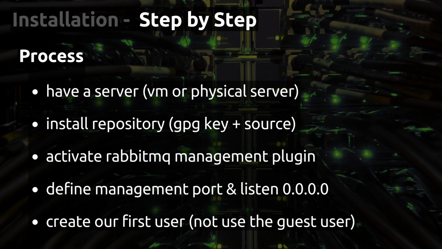And we need to change the port, or to activate the port for the GUI, and listen on all interfaces for the GUI, but not only, also to listen on all interfaces if you want to stream your data or your messages to the RabbitMQ broker. And finally, we want to create our first user with the CLI, but you can do it with the GUI. But for the first time, we need to remove the default user, the guest user, of RabbitMQ to be more secure, and create a new user.